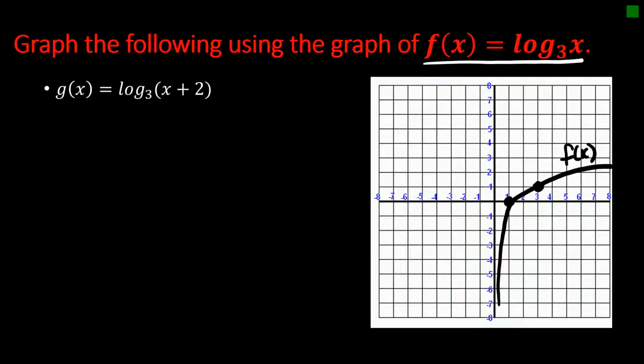Now for g of x, we have log base 3 of x plus 2. You're adding 2 within the function, so this is going to move g of x 2 to the left. So let's see what happens. If this point moves 2 to the left, our vertical asymptote will also move 2 to the left.